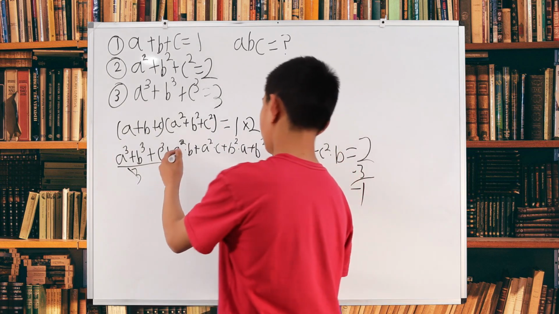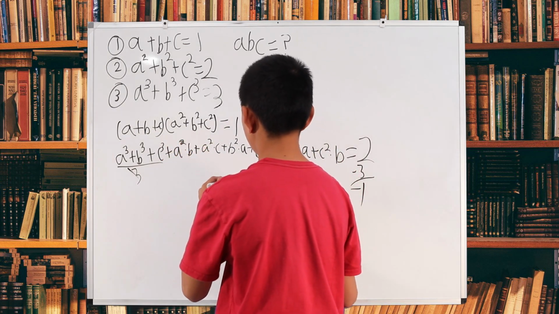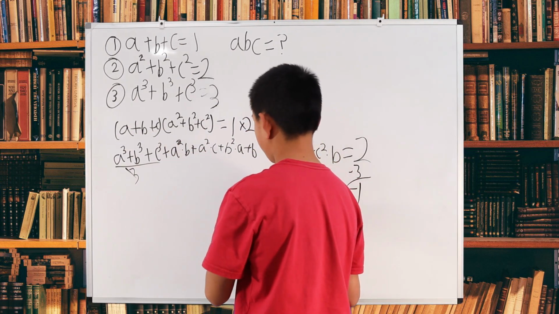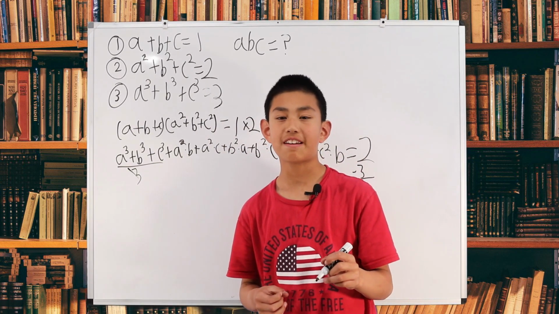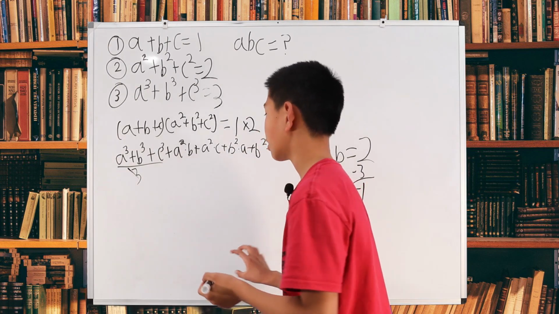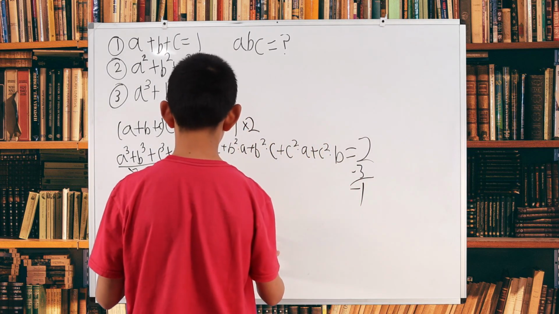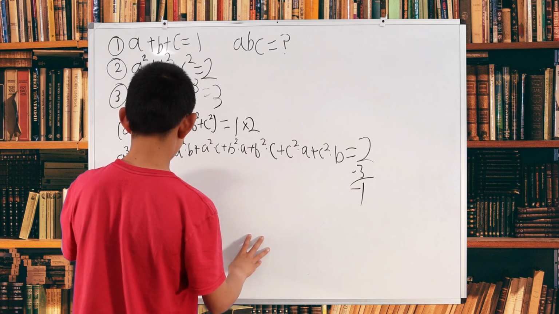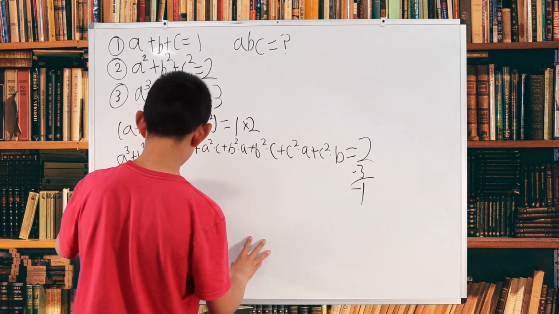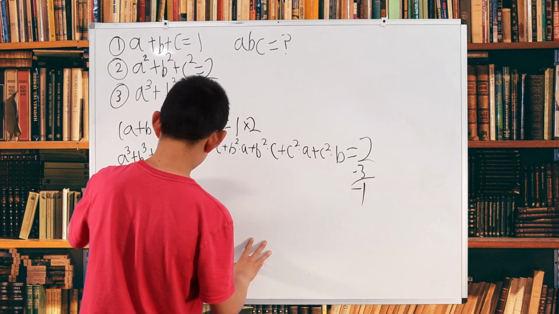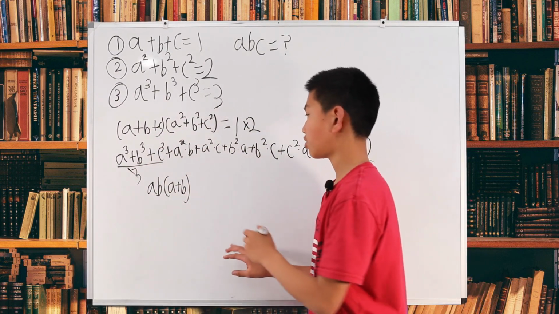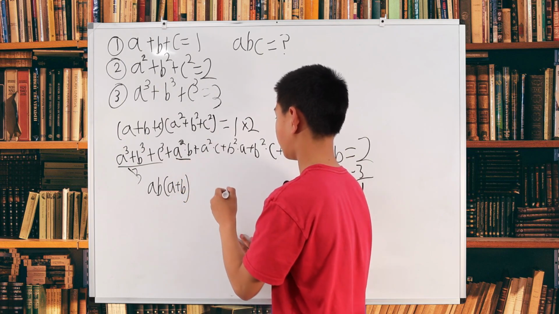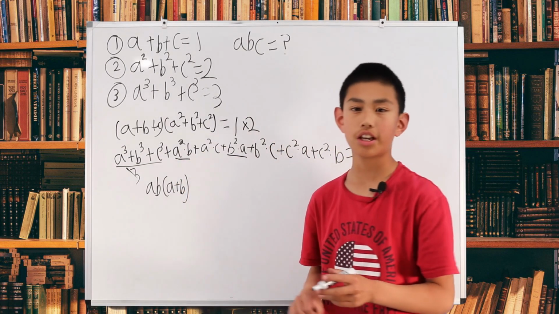And now the second thing we notice is that we can actually put most of this into parentheses. So take a squared times b. Its counterpart is b squared times a. And they're all being added. So when you add them together, you can factor them as ab times (a plus b). And that's just for this term and this term added together.